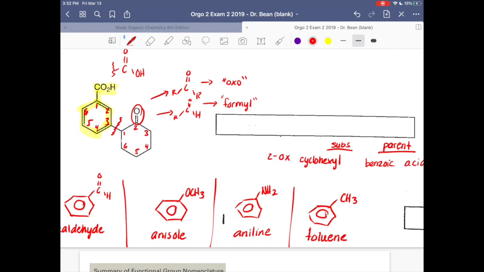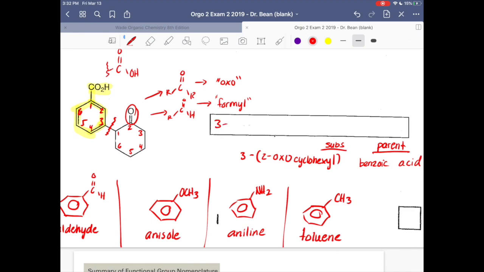So we have 2-oxocyclohexyl, and then this is the entire group. And then we have to indicate where that entire thing is coming off of our original parent. And it's coming off of the number 3 carbon. So we're going to put 3 right there. And then, of course, this is the entire thing, which we're going to have to write in our box now that we're done.